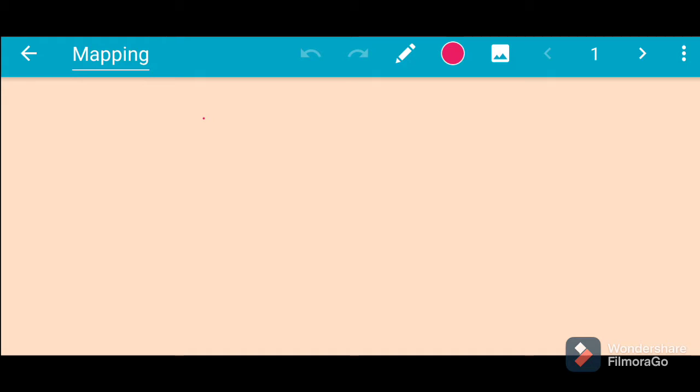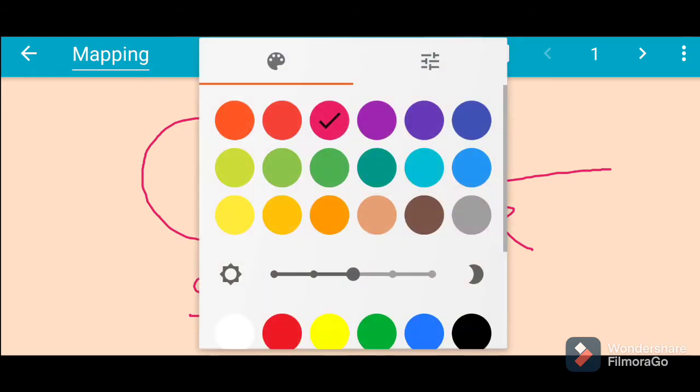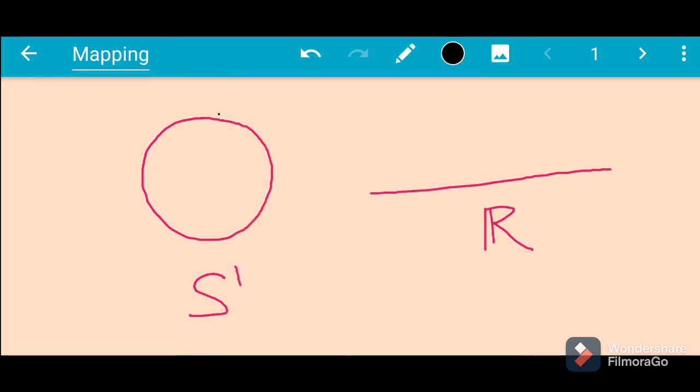Today I will form a function that maps from a circle to a straight line. Okay, this is the real numbers, and this is the circle S1, but the mapping is in such a way that this mapping will be a bijective function except one point.